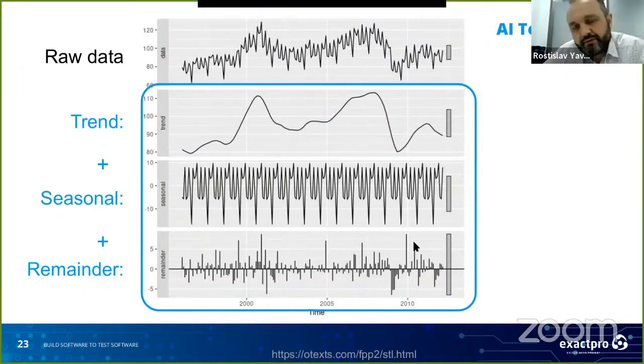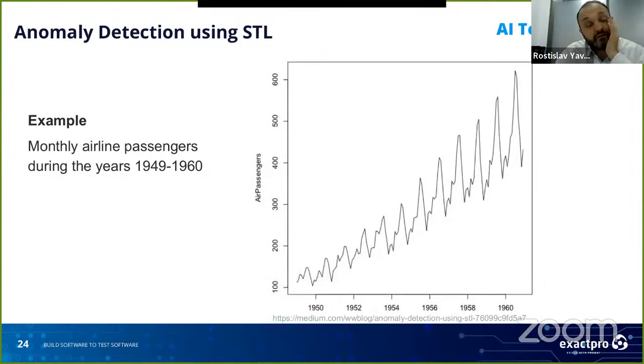So you see, this is quite a useful and powerful method, and there are quite many good texts on the web about this method. I really recommend this paper on Medium, which is about anomaly detection using STL on monthly airline passengers data.